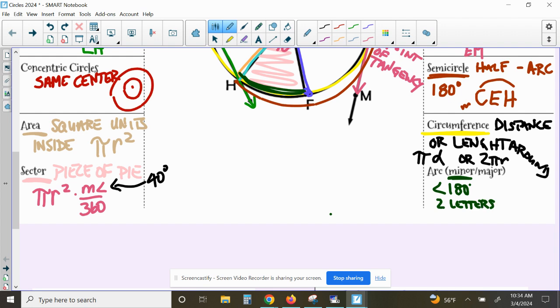So if I wanted to name this guy, what do you think I would name him? HF. So HF with a little arch on top. So minor arcs are less than 180 degrees, and they are 2 letters.